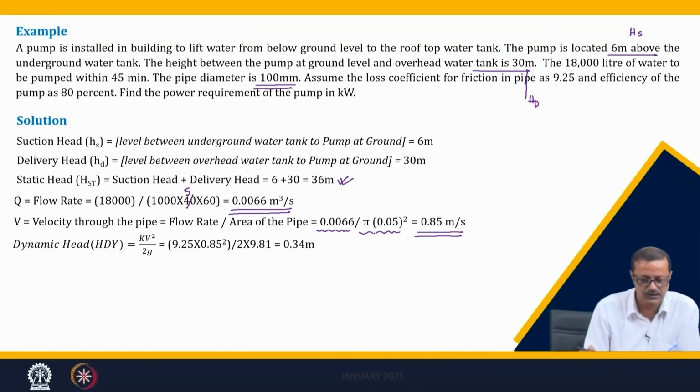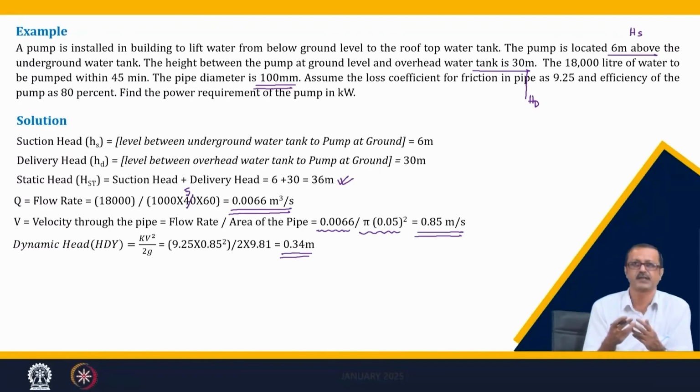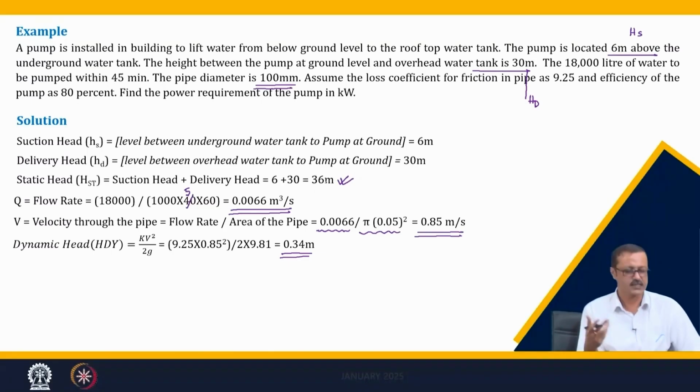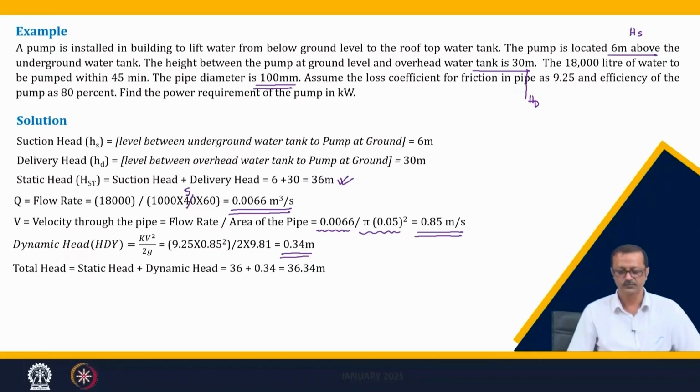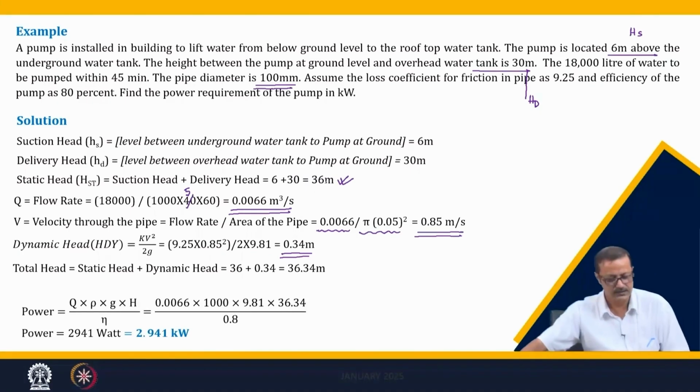So, 50 mm I have converted to meter. So, I found the dynamic head is very small with respect to 36. So, dynamic head will be really small. Sometimes we actually leave that one, but just for our academic sake we need to check that one. So, total head is now 36.34 and I use the formula and found the power required is almost about 2.9 kilowatt.